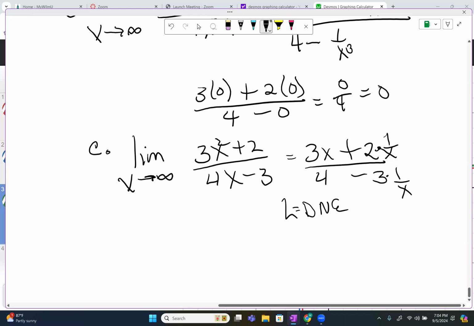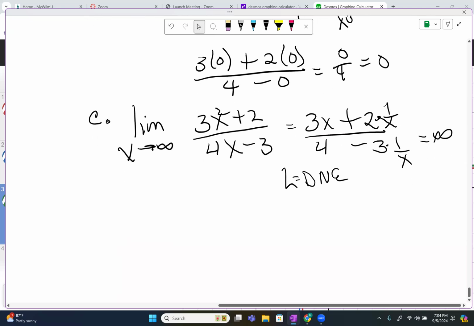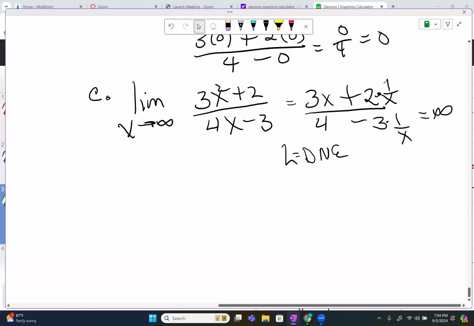And we would say in this case, it reaches infinity. So if you notice, the exponent is larger on the top here. Okay.